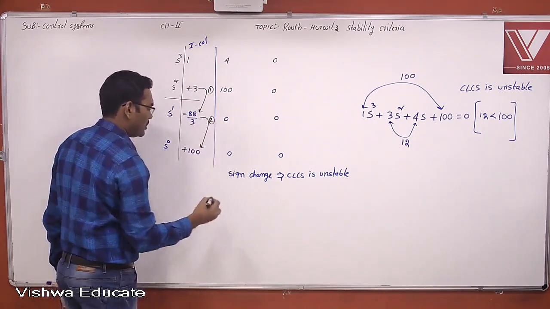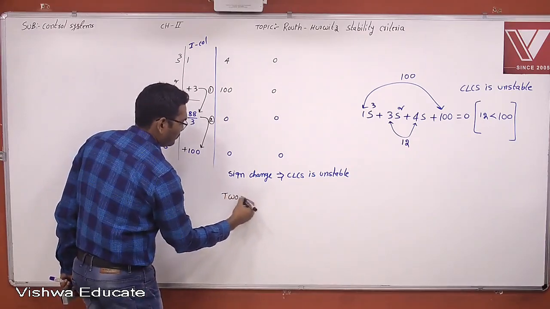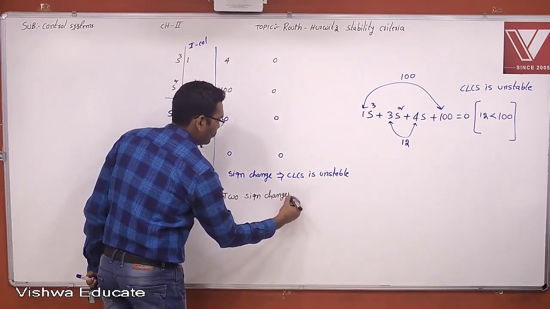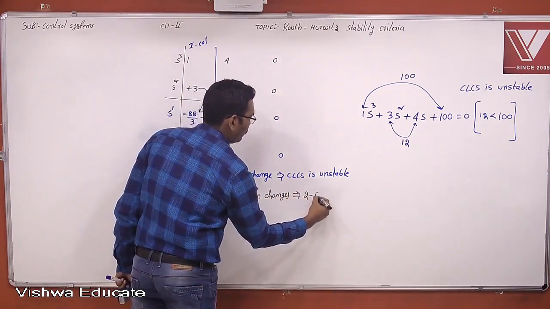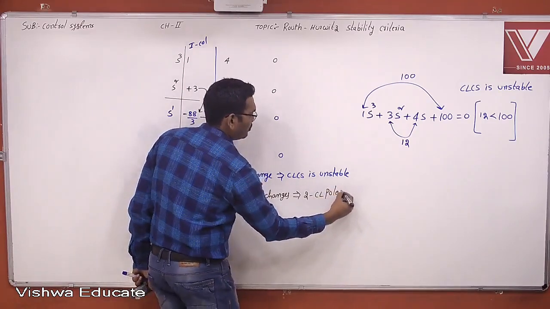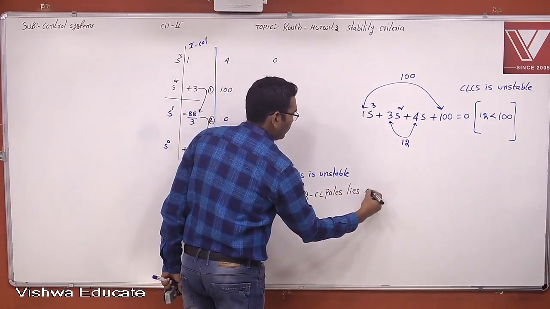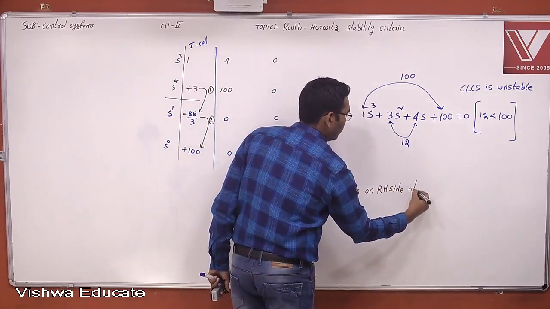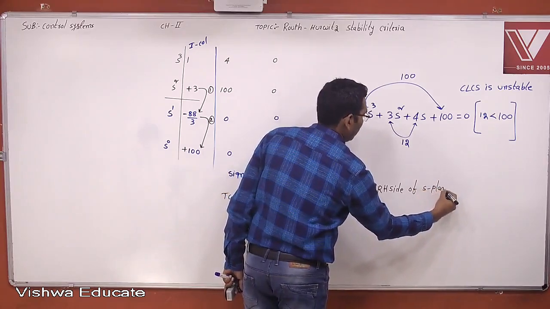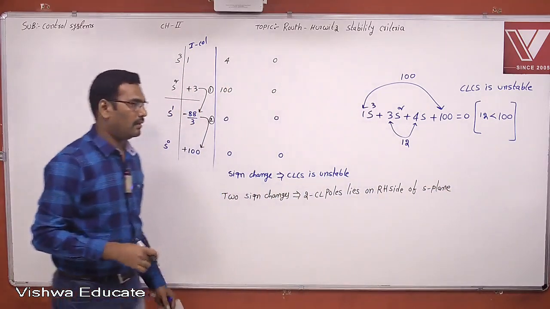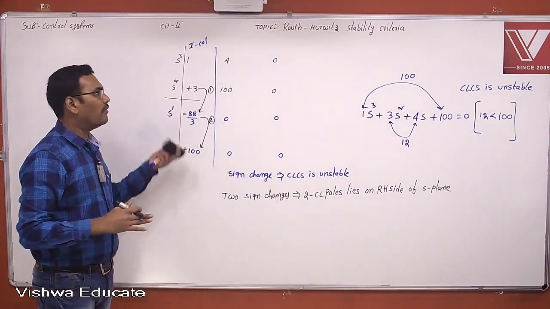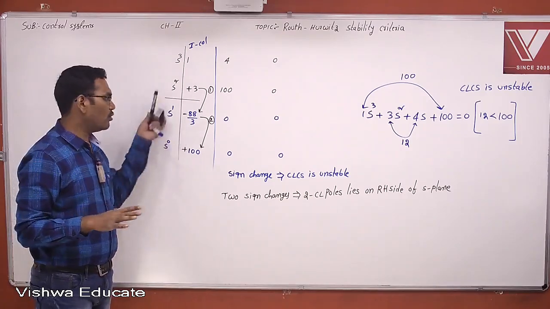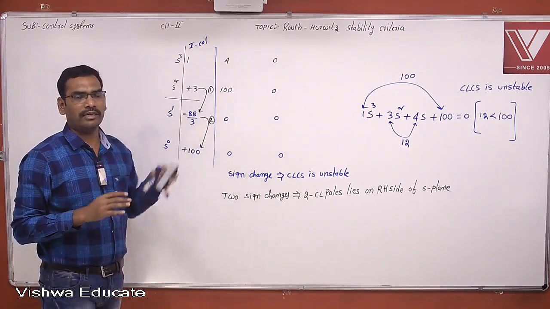Total 2 sign changes, which will give 2 closed loop poles on the right hand side of the S plane. This is with the shortcut method, and the long method will give the same result. From the next time onwards for order 3, don't use this lengthy method, use the shortcut method, you can get the answer directly, no doubt.